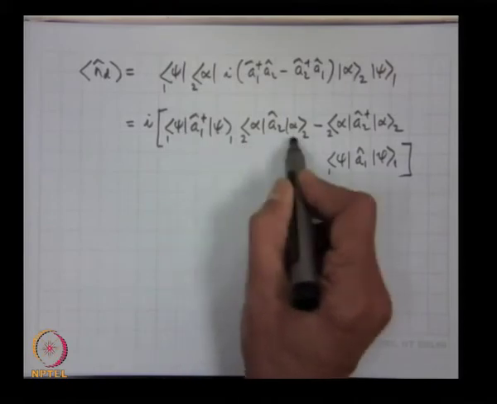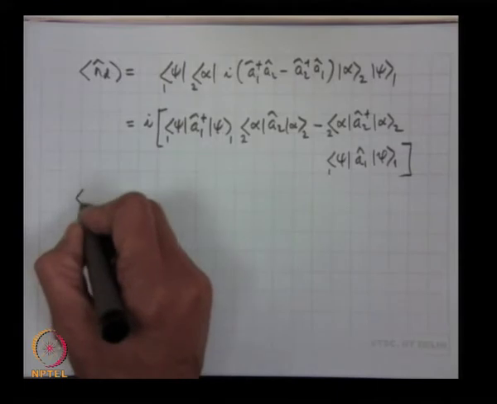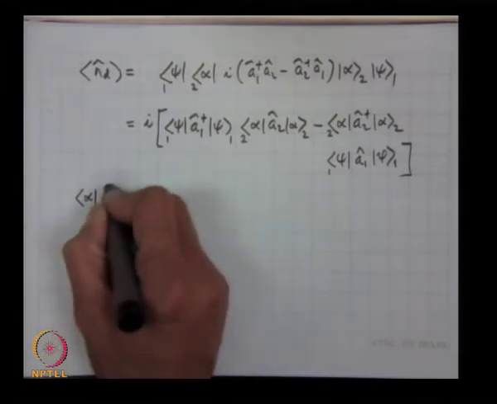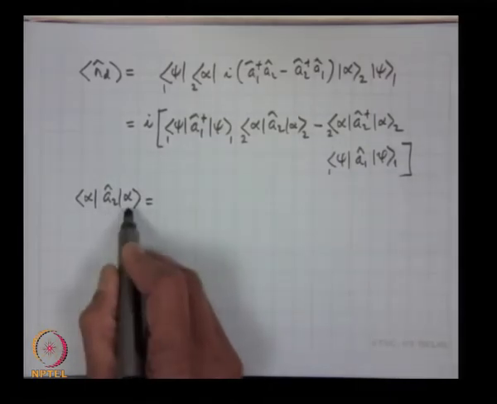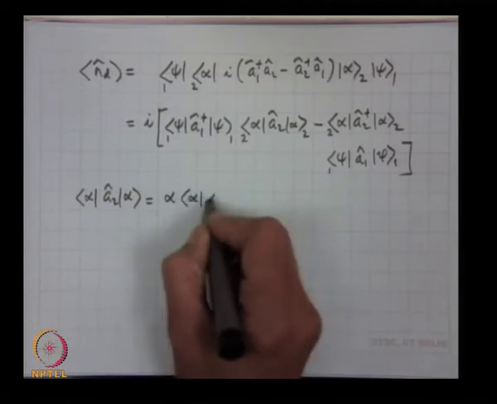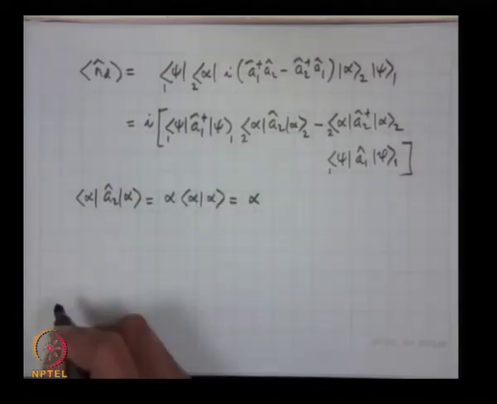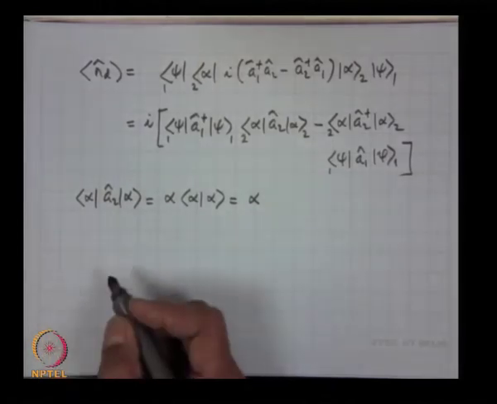What is the value of alpha A2 alpha? This is a coherent state. So A operating on the coherent state gives me alpha. So this is alpha times the inner product of alpha with alpha, which is alpha. The coherent state is defined by A times alpha equal to alpha times alpha.